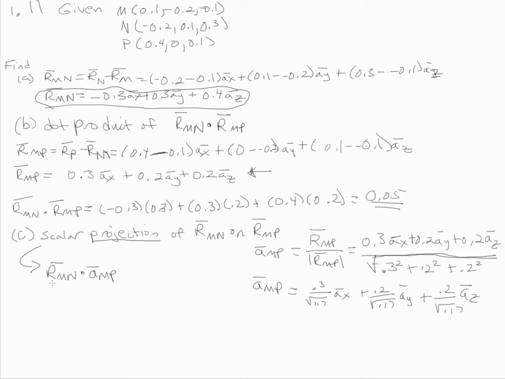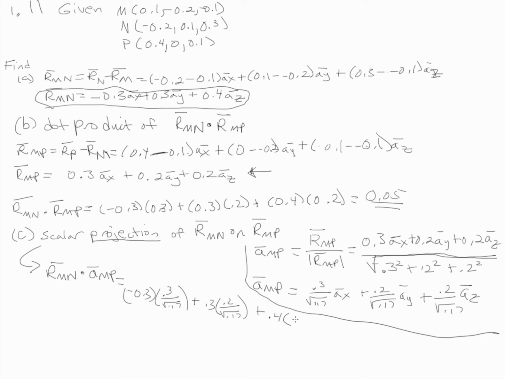Now we just need to do the dot product here. So this is just going to equal its components: minus 0.3 times 0.3 over the square root of 0.17, and then plus 0.3 times 0.2 over the square root of 0.17, plus 0.4 times 0.2 over the square root of 0.17.